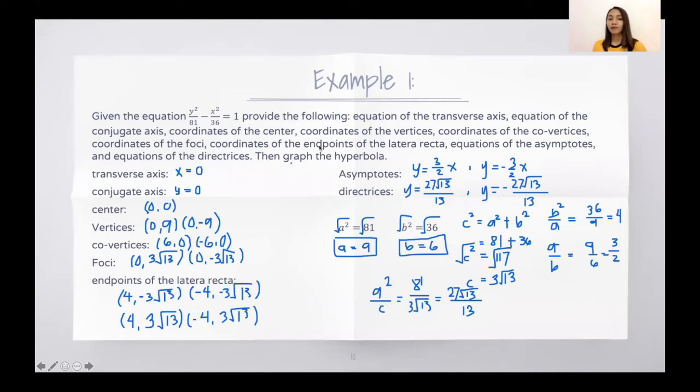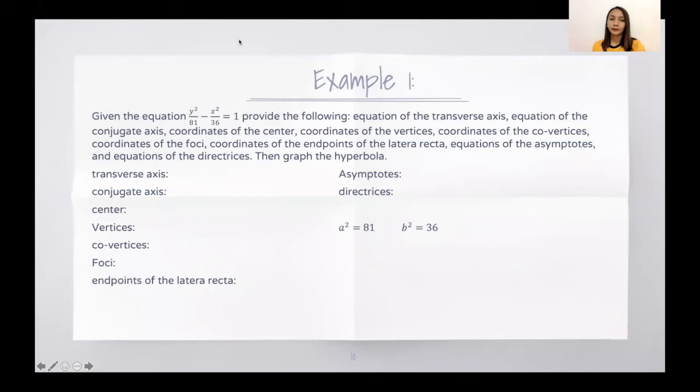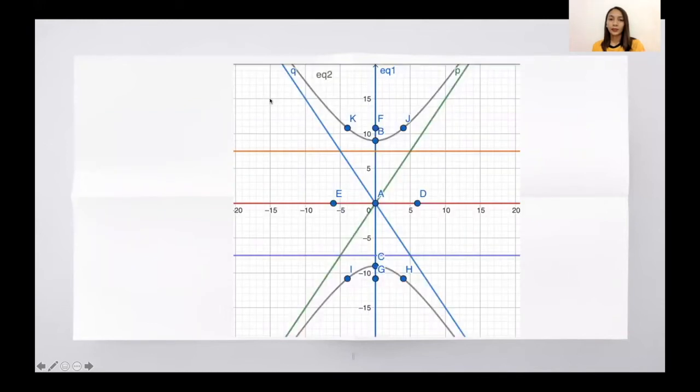Now, let us graph. So, if you are going to graph these coordinates and the equations as well, the graph looks like this. So here's the graph of example number 1.